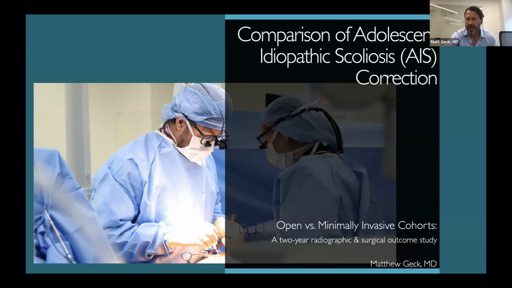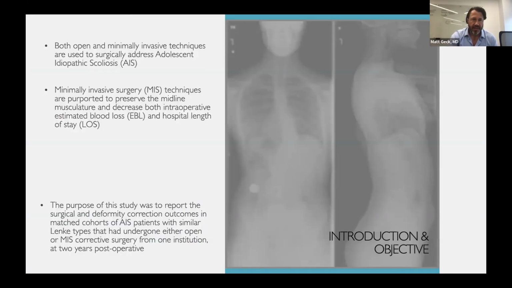So we went back and did a comparison study and looked at open and minimally invasive techniques. And since we had been doing patient-reported outcomes throughout the initiation of our practice in 2002, we were able to go back and case match all of our patients very precisely.